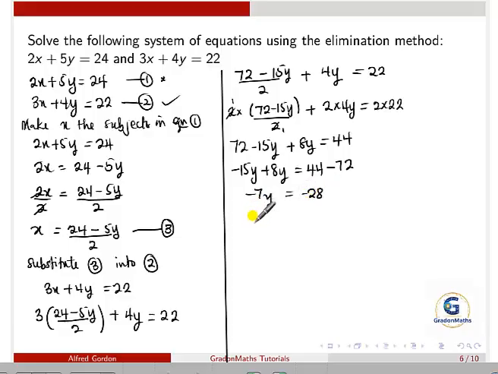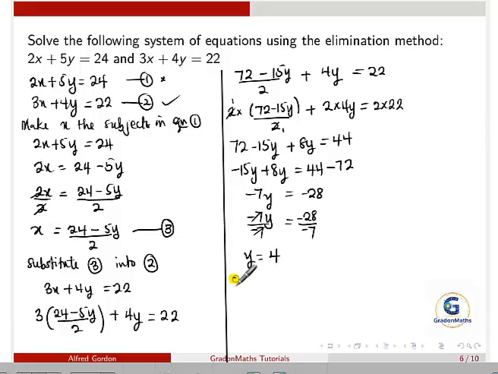So right here, dividing both sides by negative 7, and then negative 28 also by negative 7. So right here, we can have y is equal to, then that is going to give us a 4, for y.